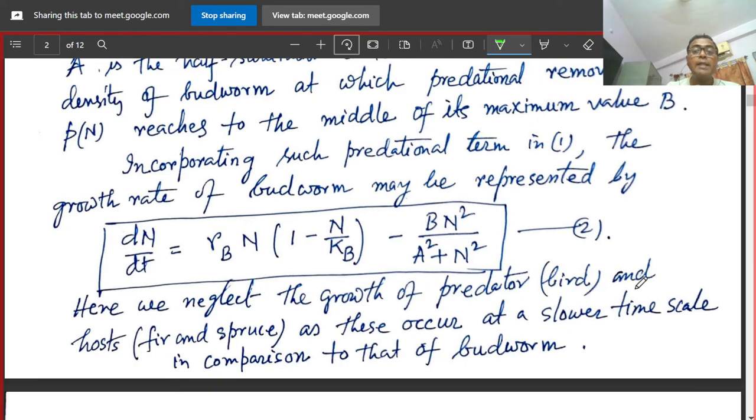So we neglect the growth of the birds and of the fir and spruce trees. We only consider the density of the budworm, N.